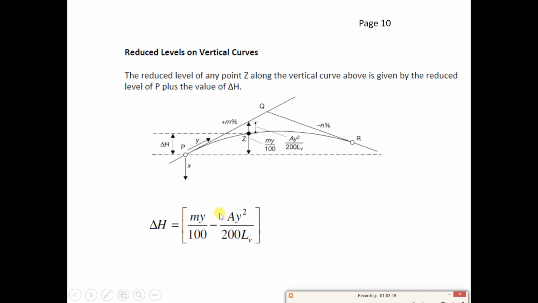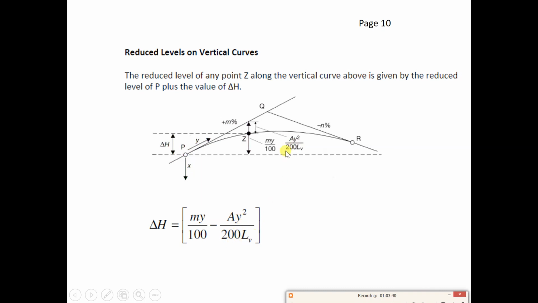So we need to find a delta h along the chainage. If we have the reduced level, then we can just add this thing. Add it will go up and then go down. So this is the delta h, and this is my over 100, and this one is ay squared divided by 200.